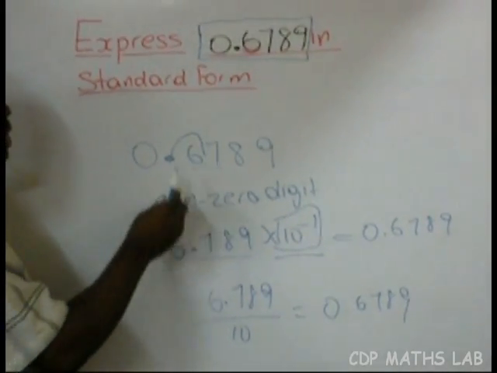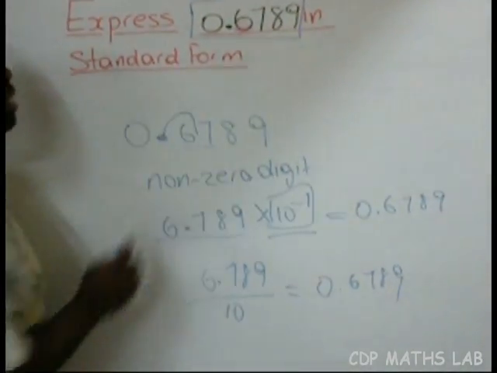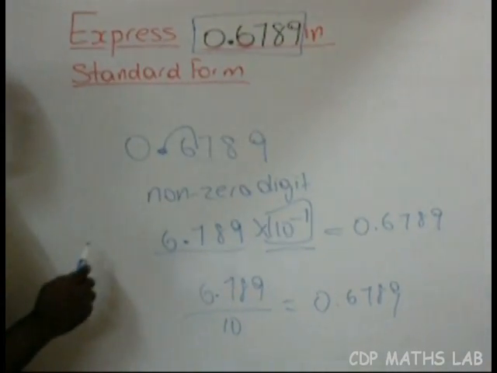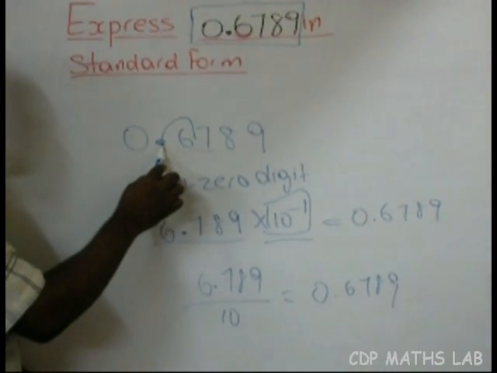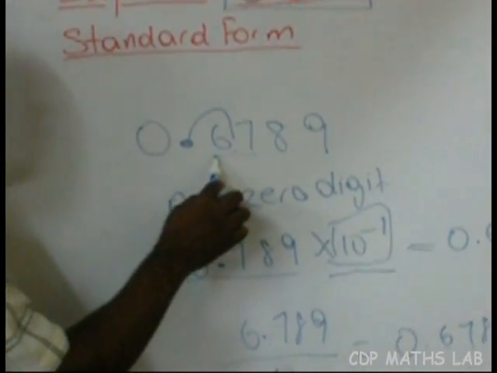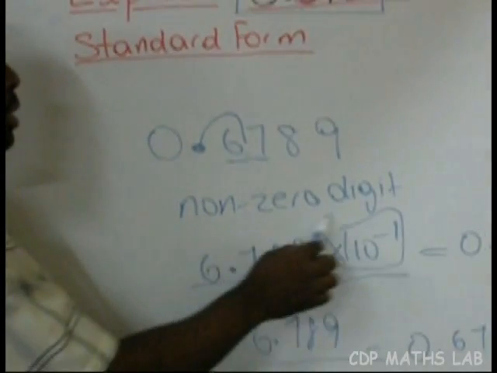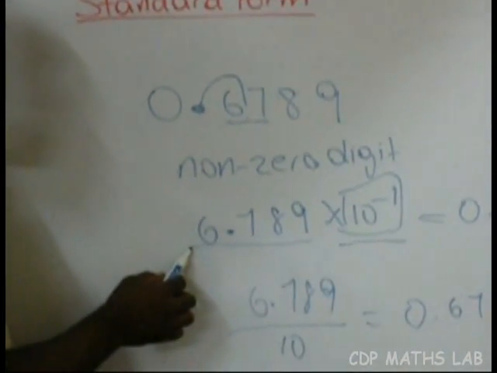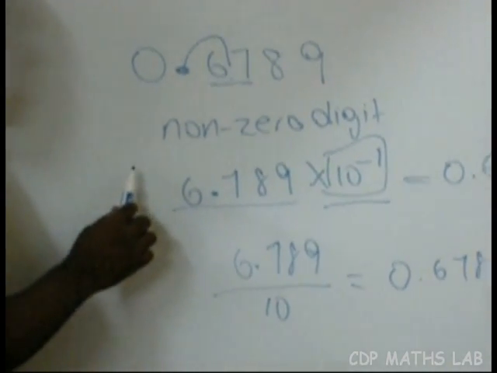So therefore, if you are given a decimal number to write in standard form, you first have to move the decimal point to between the first two non-zero digits. And you realize that this number now is less than 10 and greater than 1.